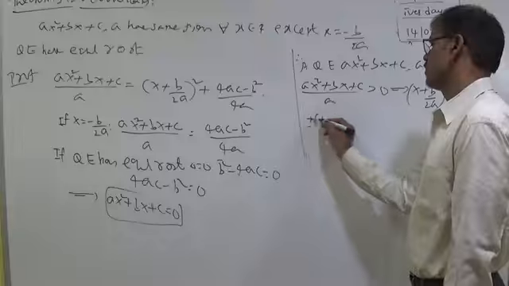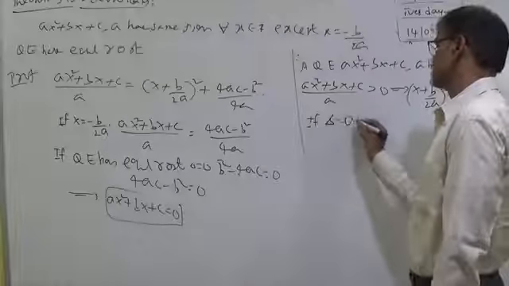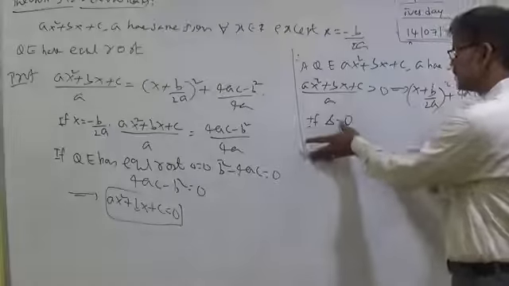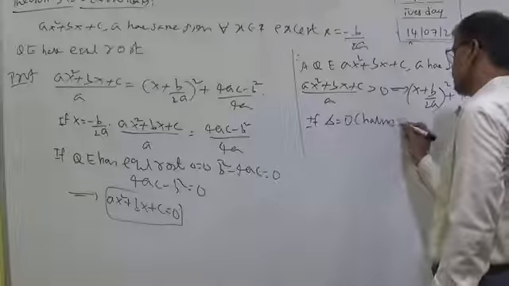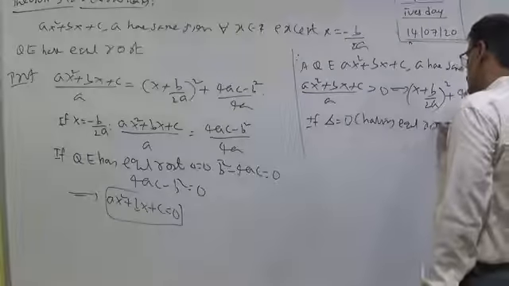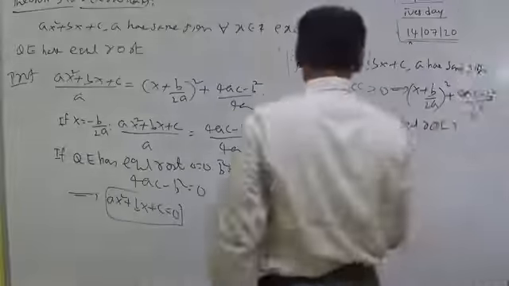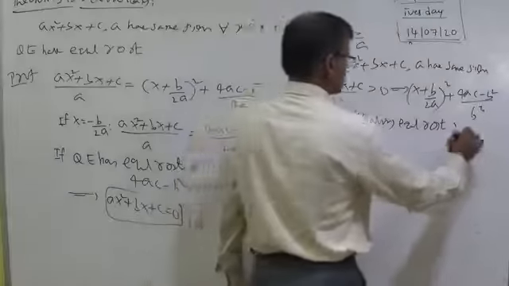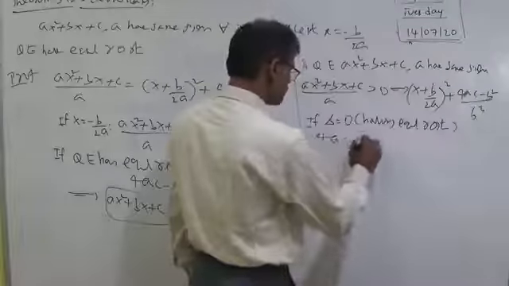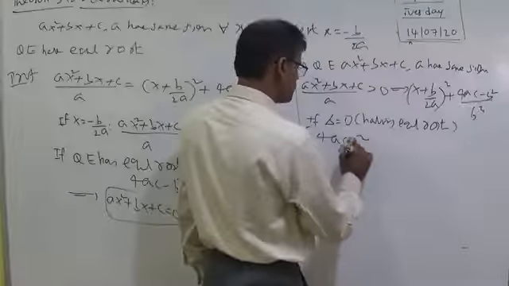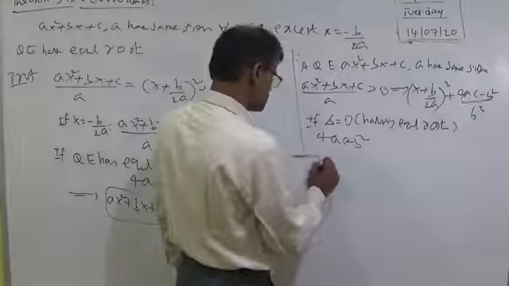If delta is equal to 0, delta equal to 0 means the quadratic equation has equal roots. That is, 4ac minus b square becomes 0, or you can write b square minus 4ac becomes 0.